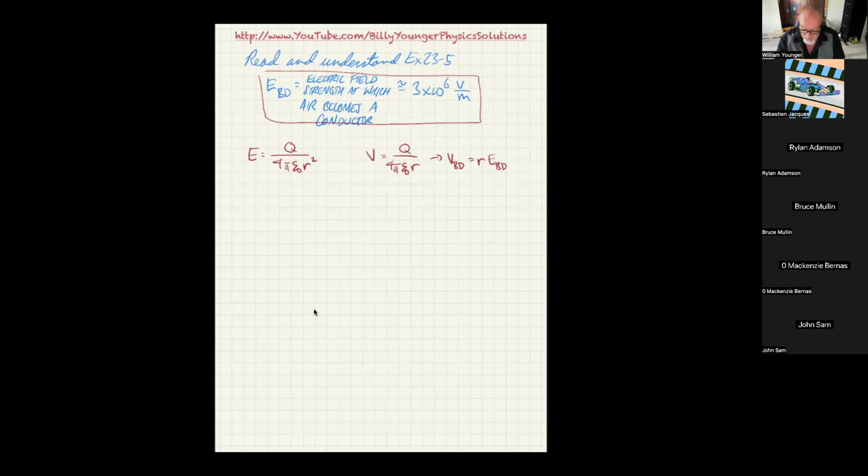What that means is if that radius is really, really small, then you can have a breakdown voltage that's quite small, way less than millions of volts. And that's the significance of a lightning rod.